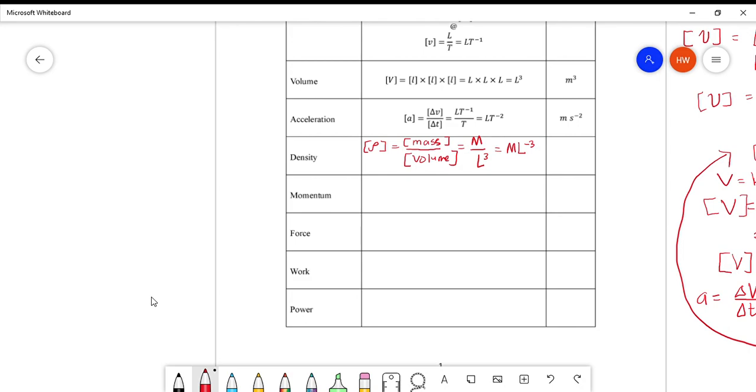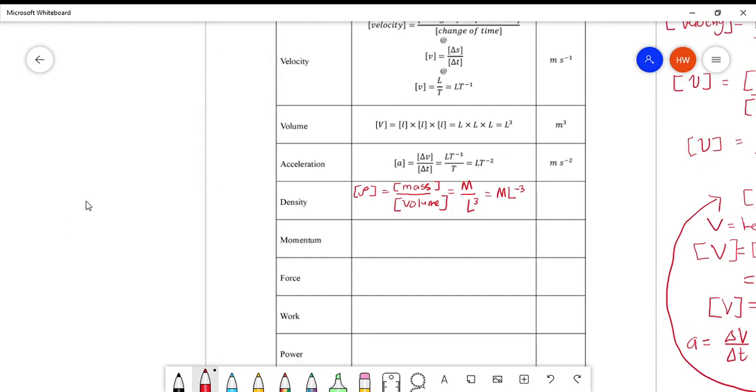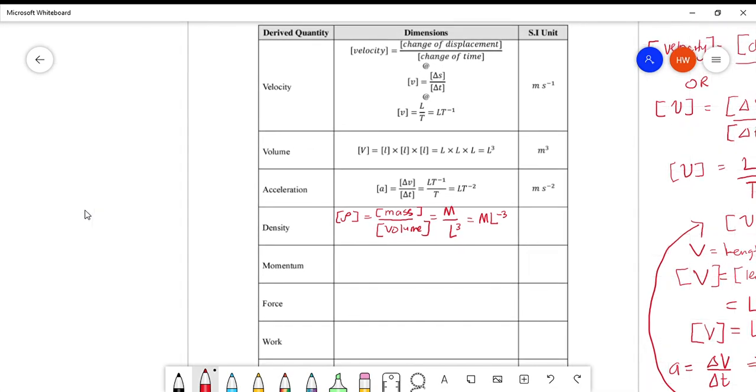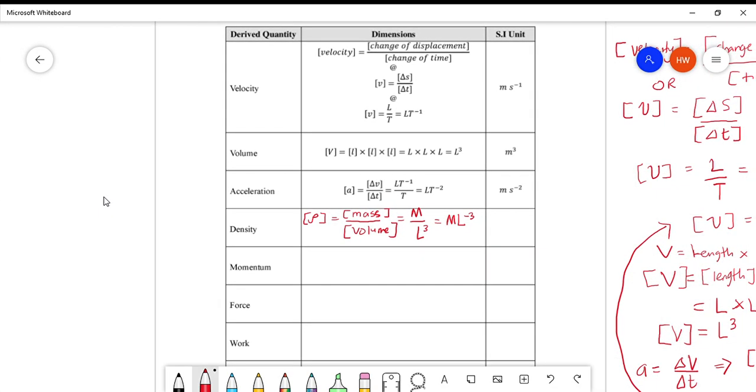Okay, so from the dimension we can also write down the unit. L is meter, which is length, and T is second. So we can also get the correct unit from the dimension of each quantity that we solved here. For length cubed, the unit will be meter cubed. For LT minus 2, it would be meter second to the negative 2, because T is second.